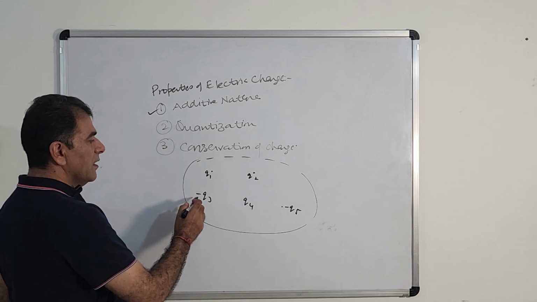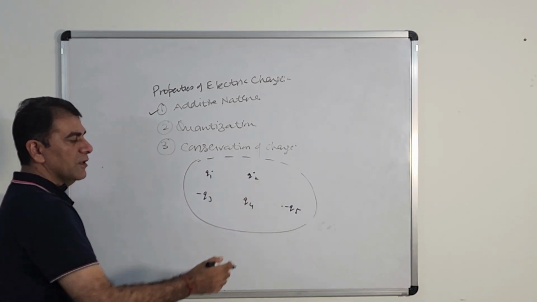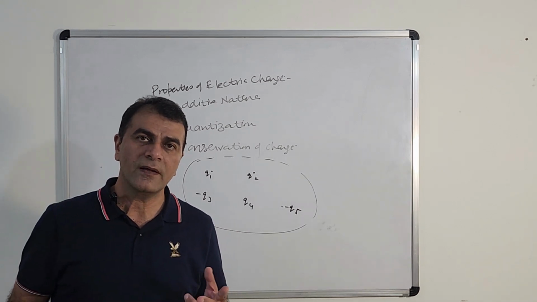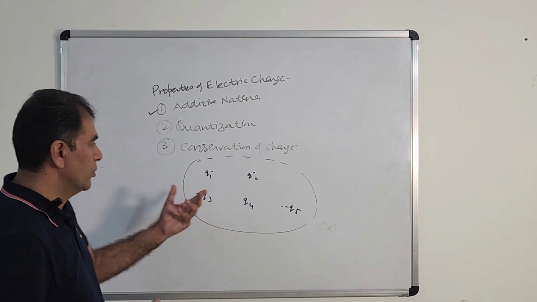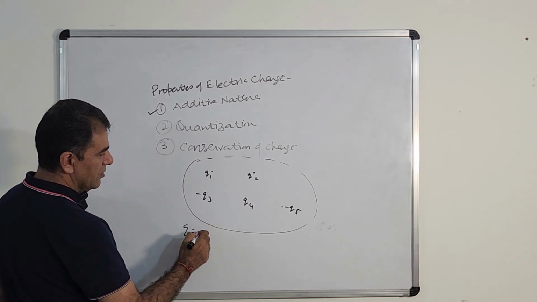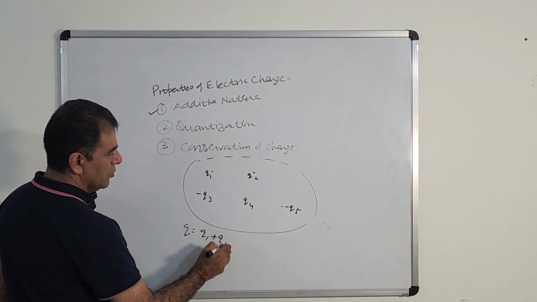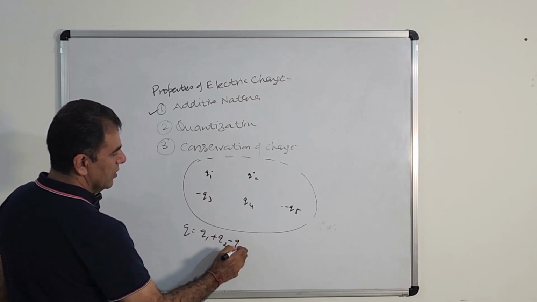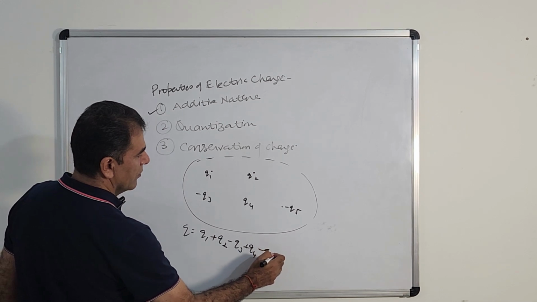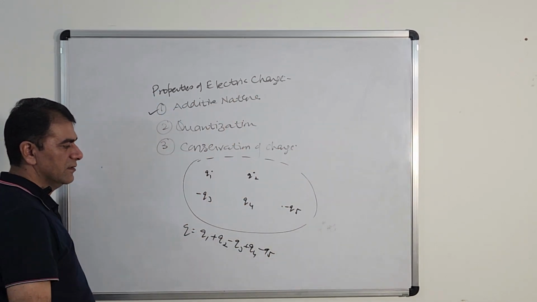Algebraically means taking into consideration the positive or negative sign of the charge, because there are two types of charges, positive charge and negative charge. So the total charge on the system, say Q, will be written as Q1 plus Q2 minus Q3 plus Q4 minus Q5, and so on if there are more charges.